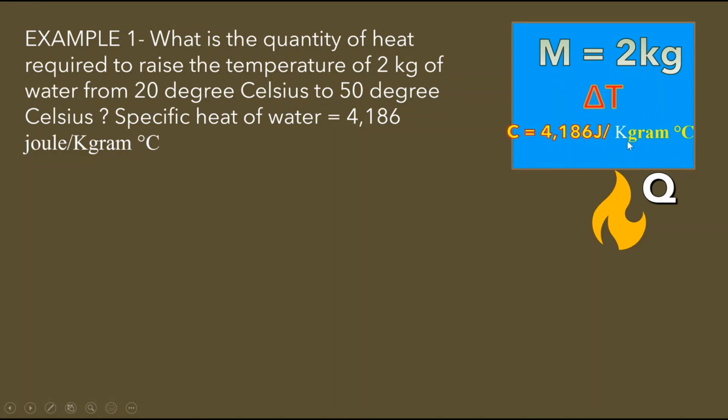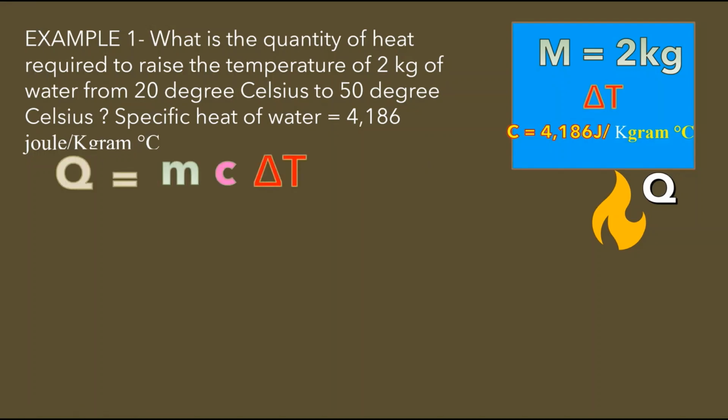So 1 kilogram of water requires 4186 joules, and we have to provide this quantity of heat to change the temperature by just 1 degree Celsius. So this is a huge quantity of heat, right? Hence we can understand that water has an ability to store a lot of heat energy without raising its temperature by much. Okay, so let's do this example.